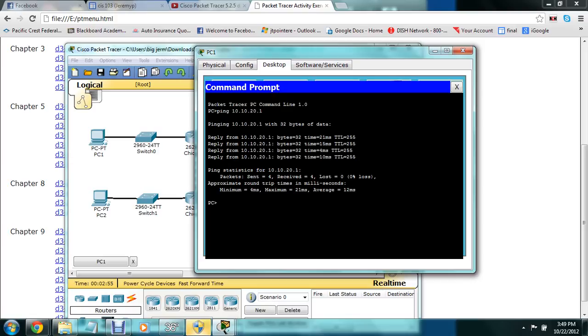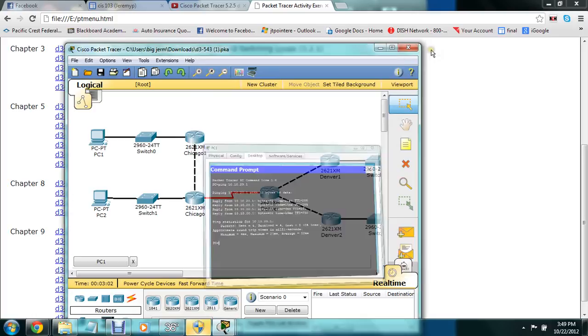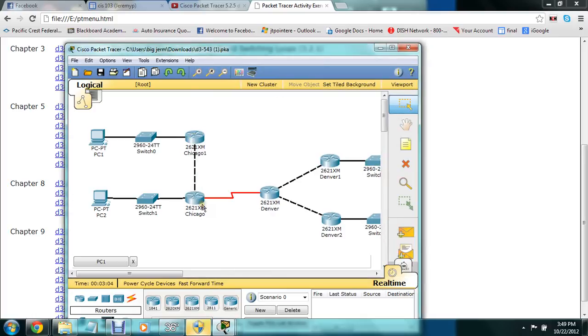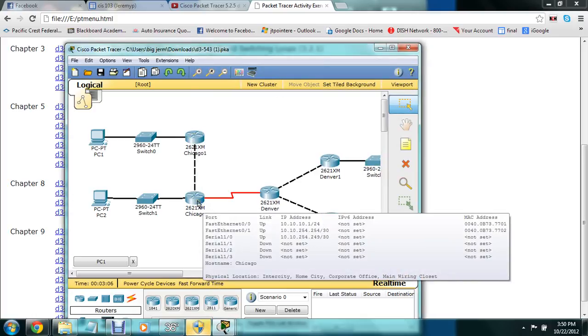which is 10.10.20.1. And we were able to reach that, which is our Chicago, I believe Chicago 1 router here. And then we're going to try to ping our FastEthernet 0/1 interface on our Chicago router. So that looks like that's 10.10.254.254.